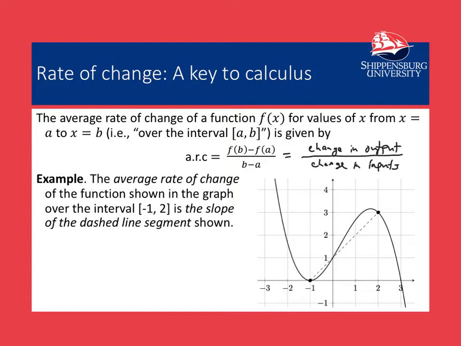Now, when we have a picture of the graph of the function, don't forget that the key relationship between function notation and graphs is that points on the curve, so this point, for example, has coordinates (2, 3), that is an input-output pair for the function.